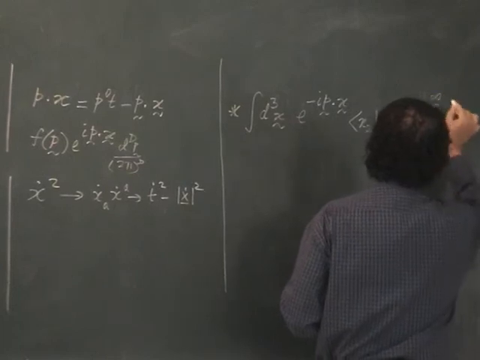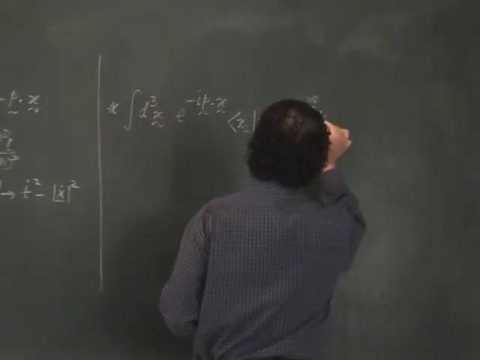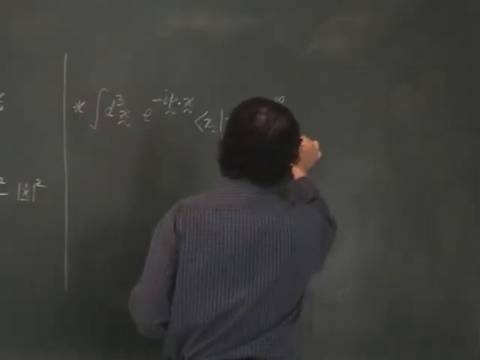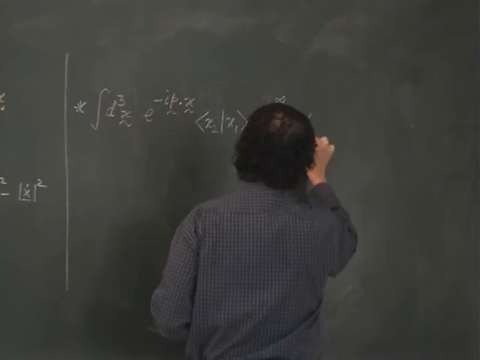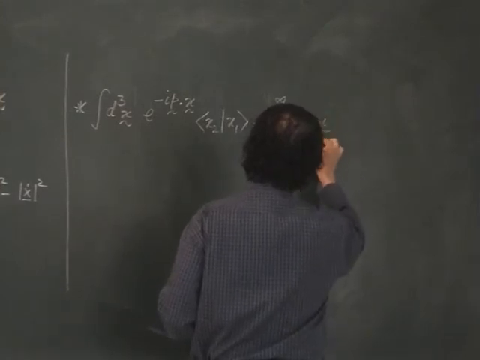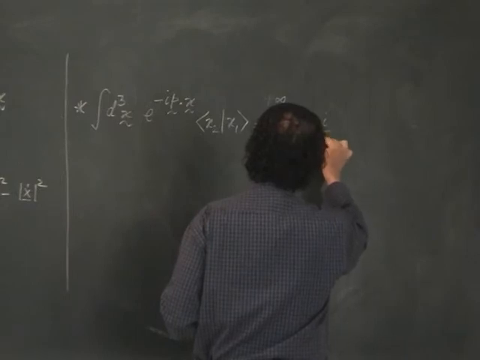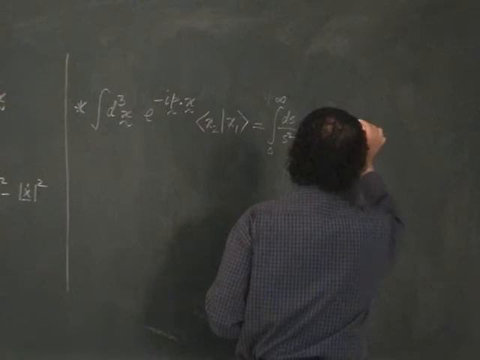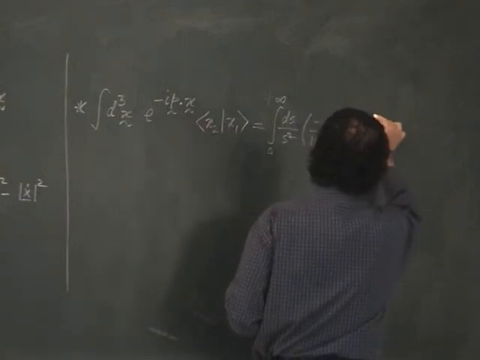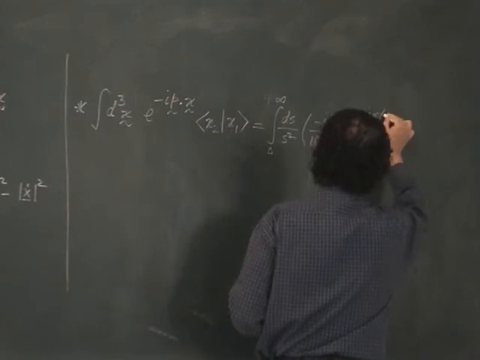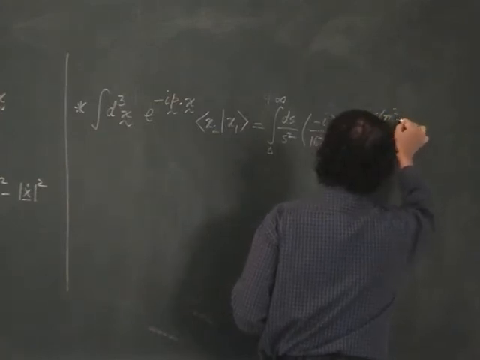Integral 0 to infinity ds upon s square, and I think we had the coefficient as minus i upon 16 pi square, if I remember right. e to the minus i s m square minus i epsilon.